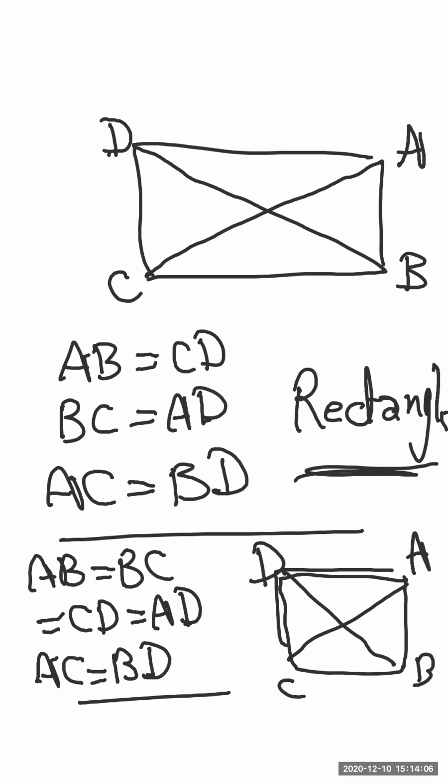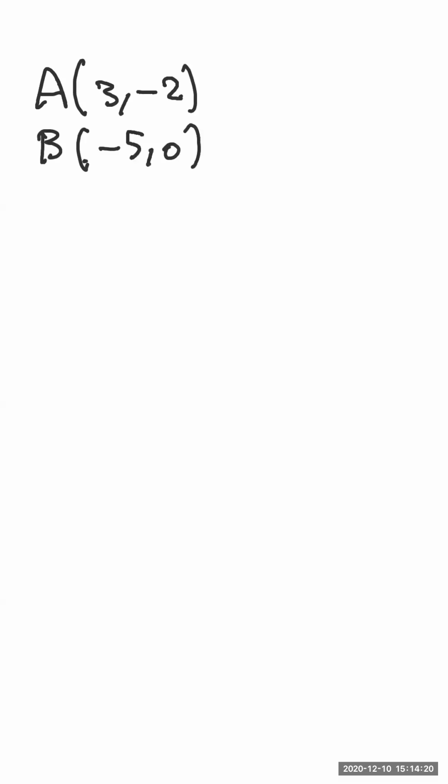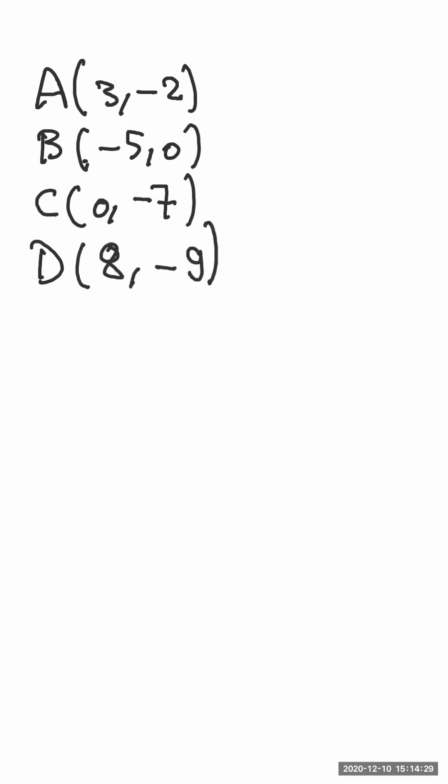Great. So the first example, guys. If A is (3, -2) and B is (-5, 0) and C is (0, -7) and D is (8, -9).